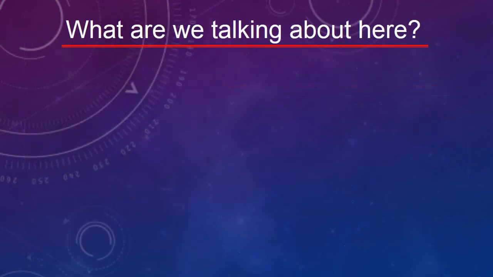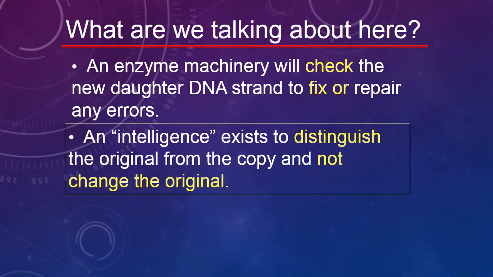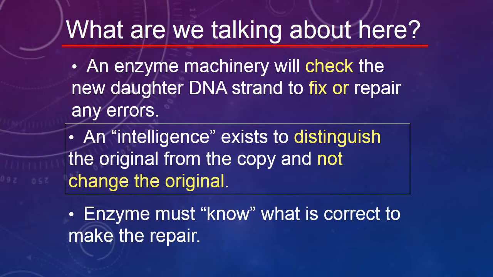The implication of this is the enzyme machinery will check the new daughter DNA strand and fix or repair it to make sure it is identical to the original. There's an intelligence there because you have to distinguish the original from the copy because you don't want to make changes to the original. The enzyme must therefore know what is correct to make the repair.